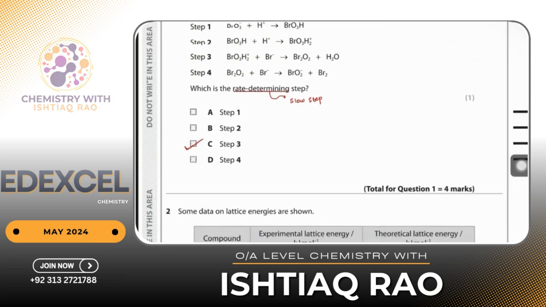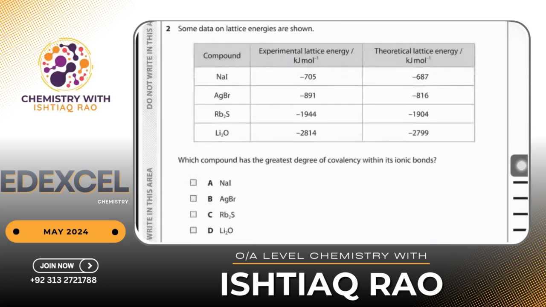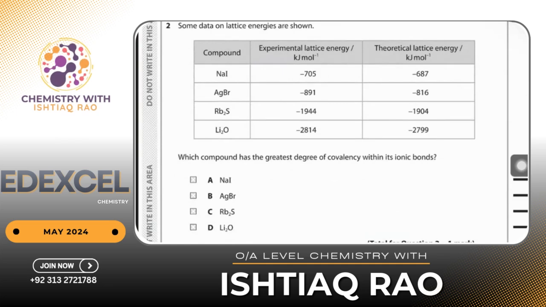Then you can see some data on lattice energies are shown. Which compound has the greatest degree of covalency with its ionic bond? Basically, lattice energy tells us the strength of an ionic compound.